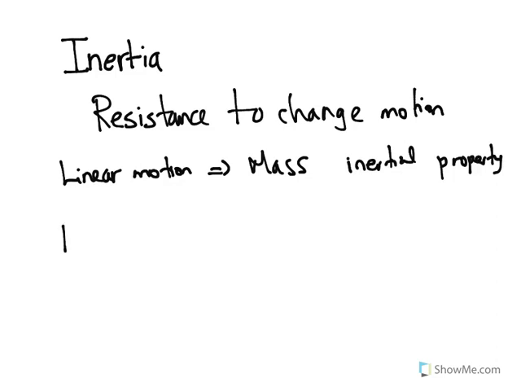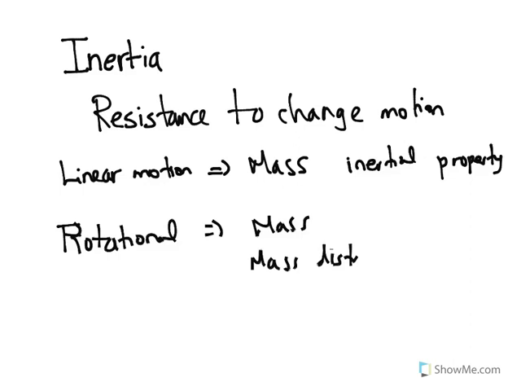But whenever we talk about rotational motion, mass is important, yes, but it is also important how mass is distributed. So mass and the distribution of mass are both important concepts in order to generate the rotational inertia.